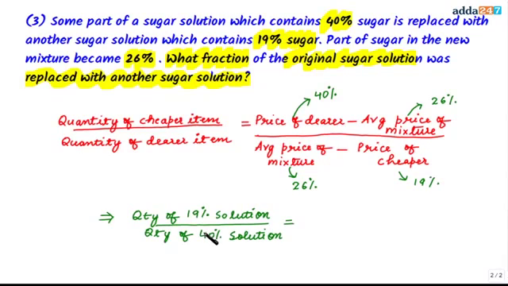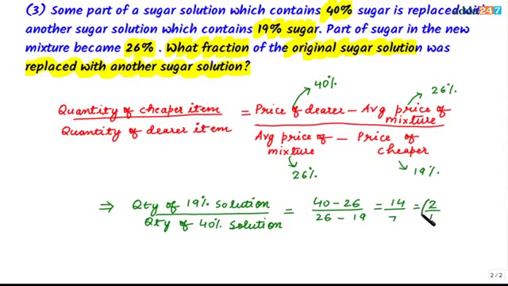So this implies on application of the formula, quantity of 19% solution by quantity of 40% solution will be 40 minus 26 over 26 minus 19. So that will be equal to 40 minus 26 is 14 and 26 minus 19 is 7. So this is 2 by 1.